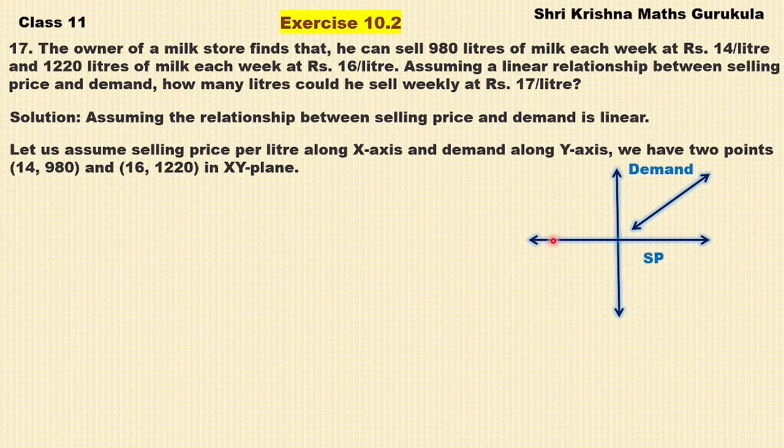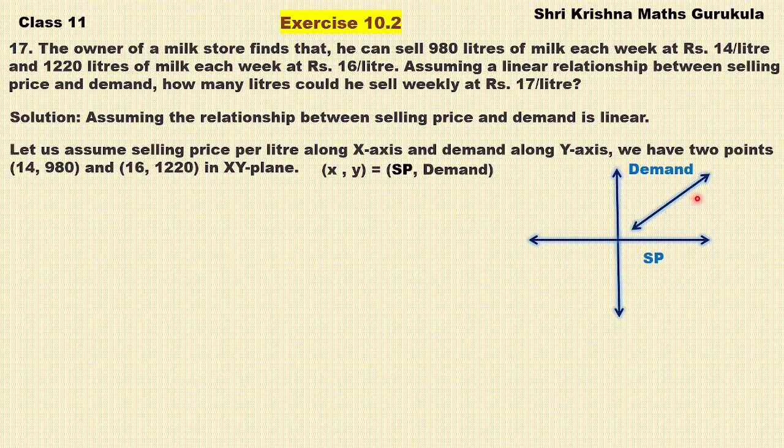You plot these 2 points on the rectangular coordinate system, and if you join them, we get a line segment. So instead of (x, y), the point is (selling price, demand). Selling price represents the x coordinate and demand of milk represents the y coordinate.